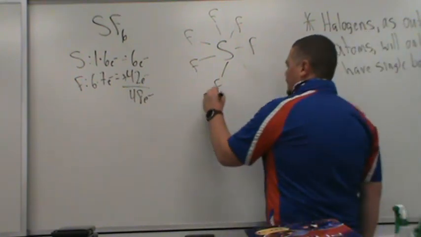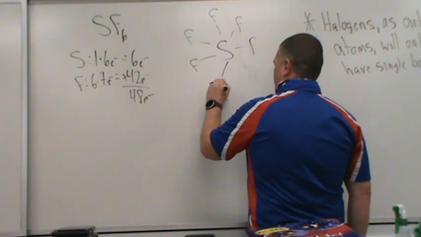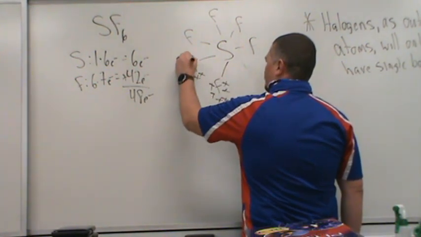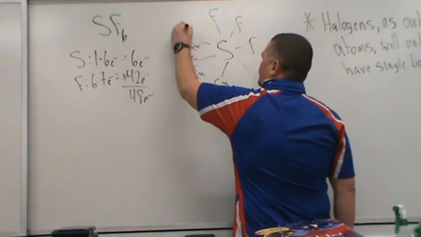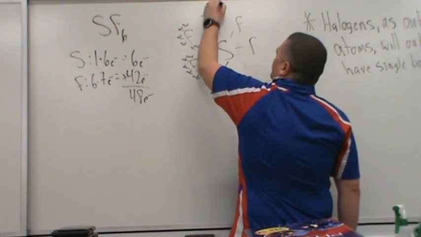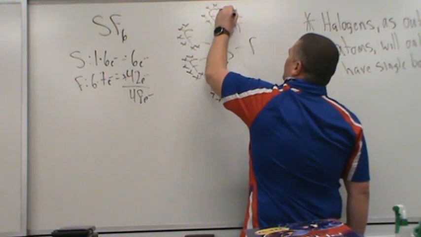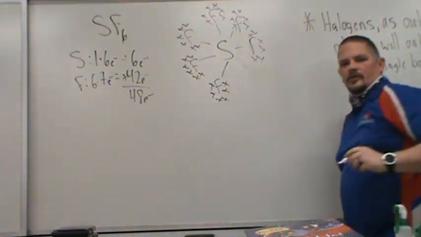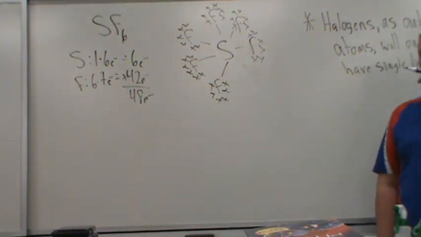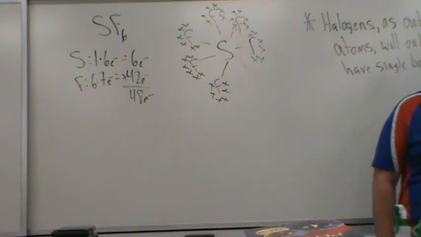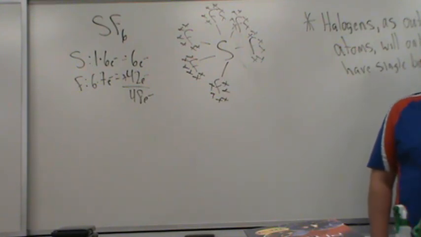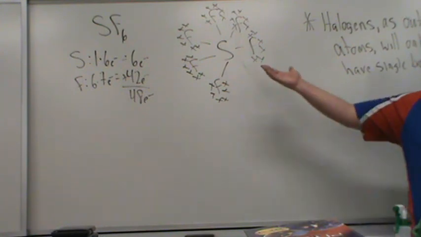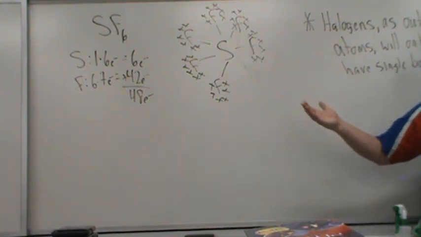And each of the fluorine atoms, put 3 lone pairs around them, and that used up all of your electrons. Are we done? Yep. Okay, so another example of an expanded octet.